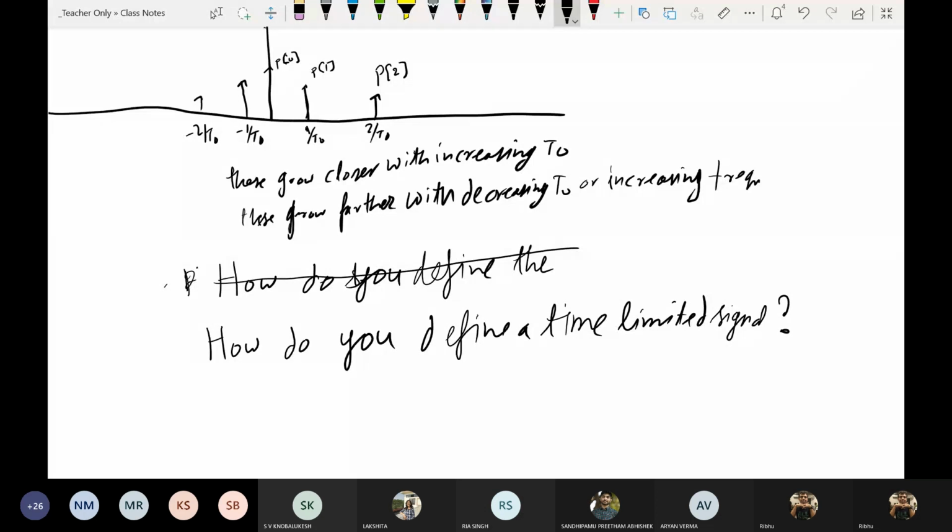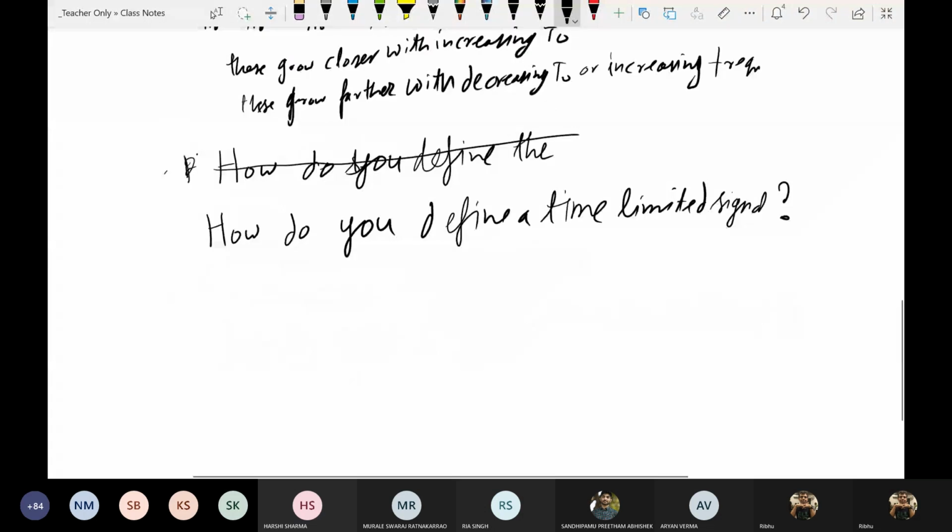Swaraj, how do we define a time limited signal? Yeah, Swaraj, unmute you. How do we define a time limited signal? The question is for you, Swaraj. Sir, I don't know, sir. Okay, no problem. Harshi, I don't know. Okay, no problem. So let's not try a third time.